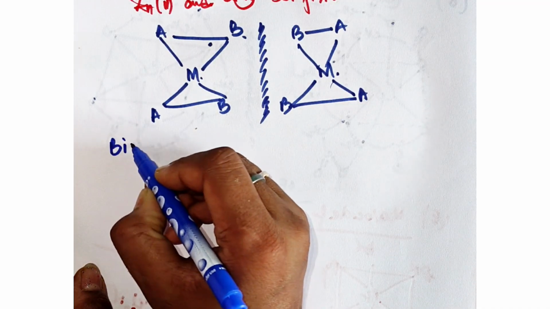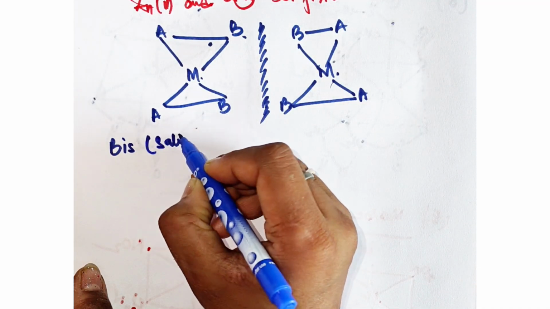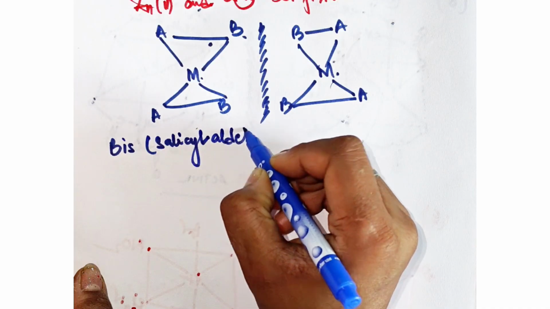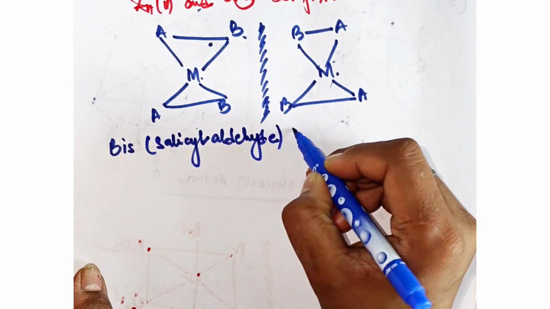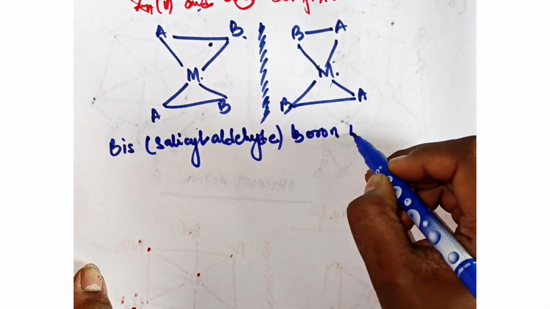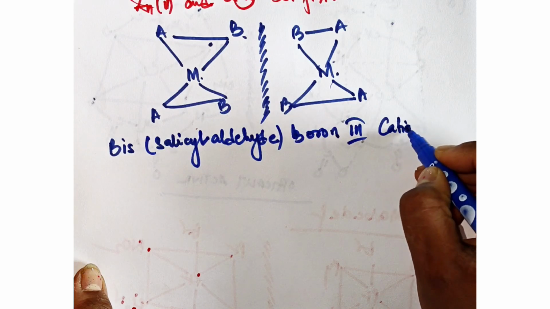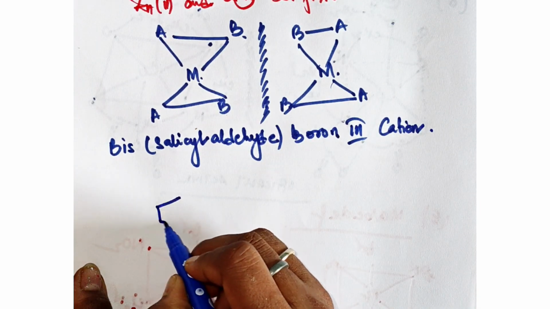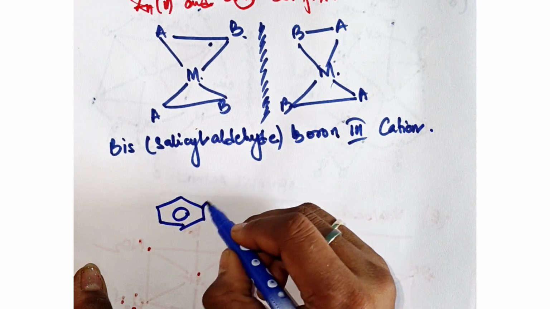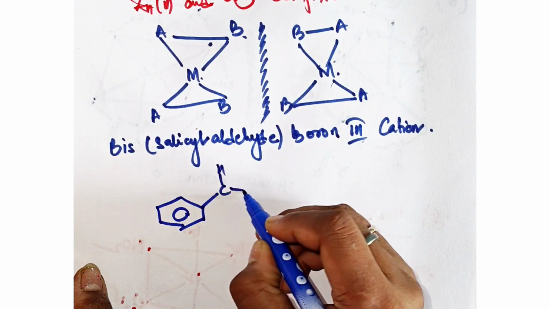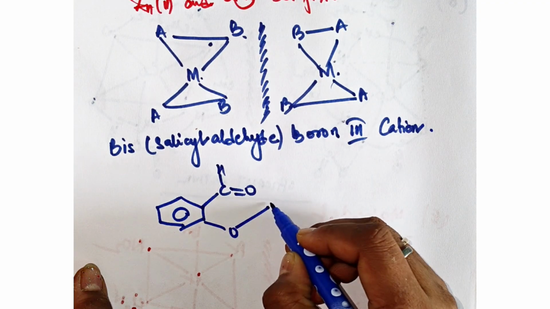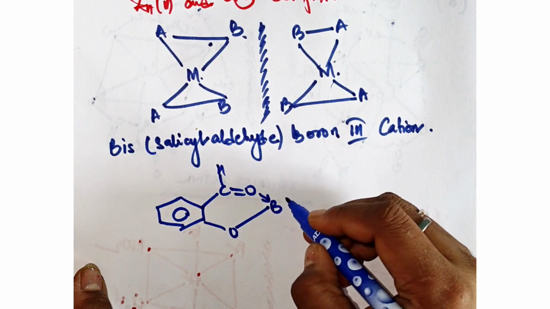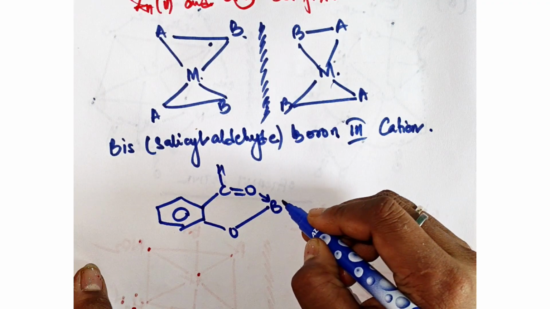I will give you an example of bis salicylaldehyde boron 3 cation. See this. This oxygen is coordinated, giving its lone pair to boron.